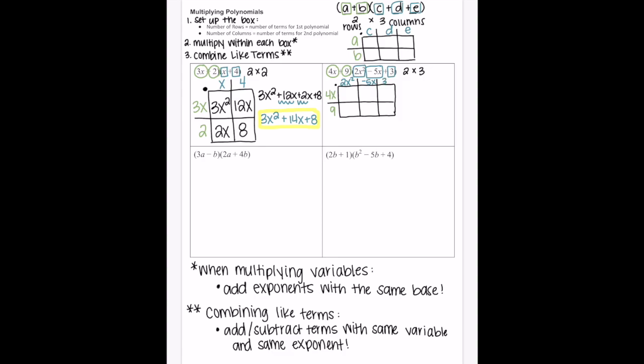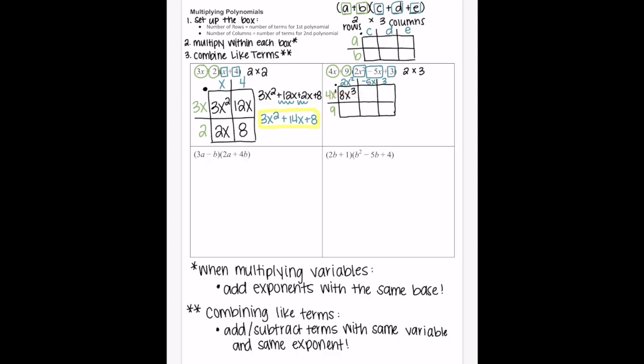So we're going to multiply 4x times each of these. So 4x times 2x squared. 4 times 2 is 8. Then we have x times x squared. And remember, that's going to be adding those exponents. So 8x to the 3rd power. All right, then we have 4x times negative 5x.